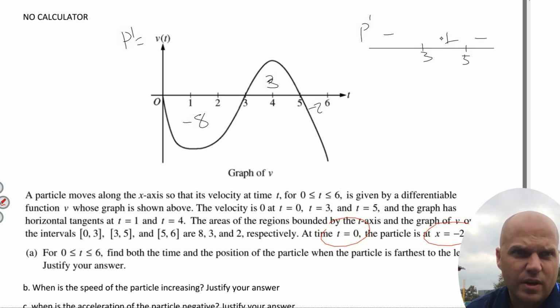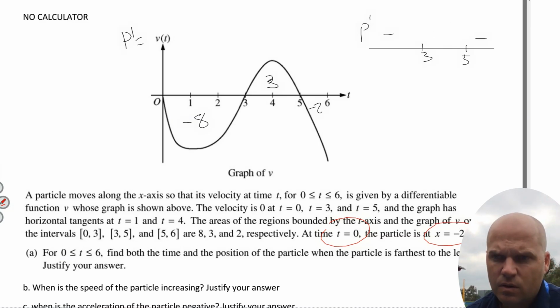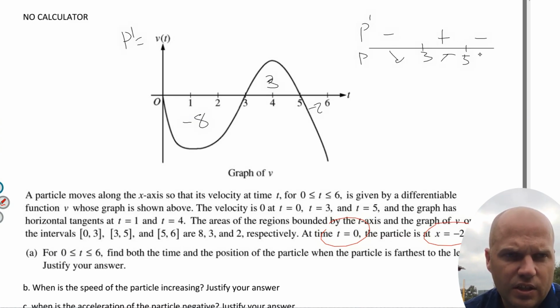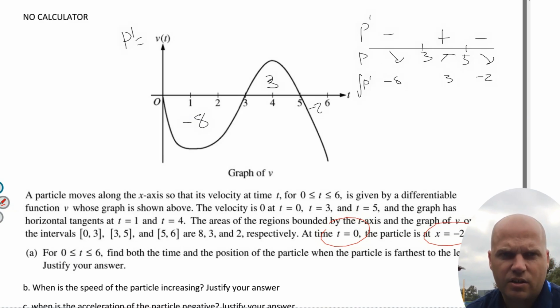This is my derivative. That means my position is decreasing, then increasing, then decreasing. And I know the accumulations are negative 8, 3, and negative 2, which tells me how much I increase and decrease. I know my position at time 0 is negative 2.